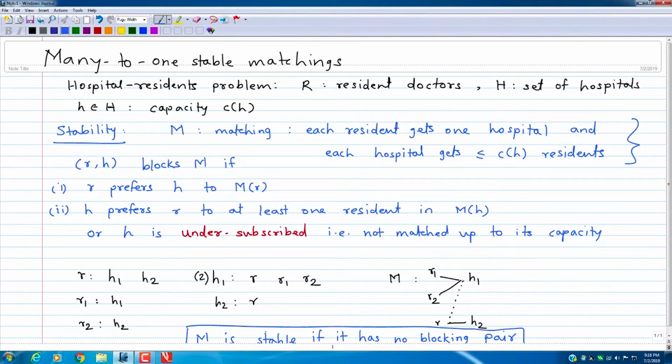Yes. Essentially this will be the same Gale-Shapley algorithm where residents propose to hospitals. Now hospitals can accept residents either if they have a vacancy, or they can throw away one of the residents assigned to them and take the new resident if they prefer that resident. So according to their preferences, they will either throw away an existing resident or, if there is a vacancy, directly accept the resident.